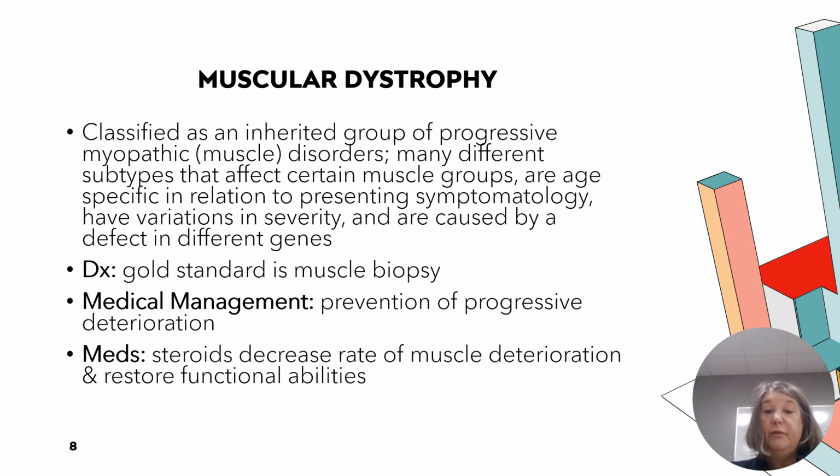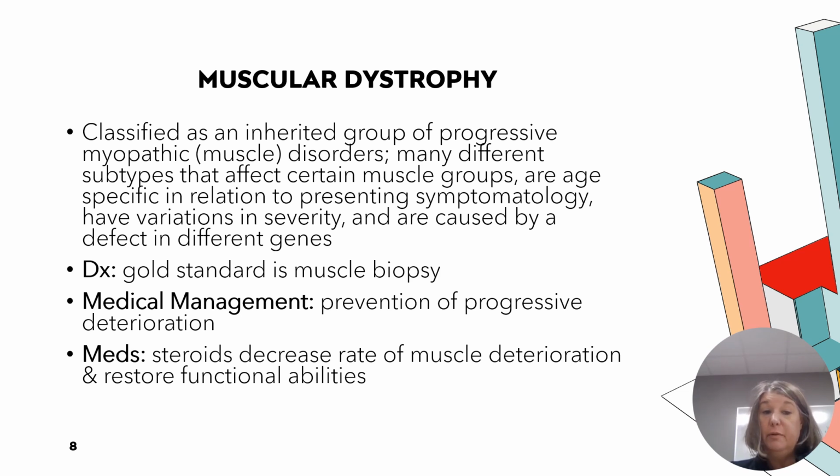Medical management focuses on prevention of the progression of the deterioration, so supportive measures essentially, right? And anything that can slow that progression down. Also, they may need assistance related to decreasing functional capacity, so walkers, wheelchairs. They may need help with transportation.